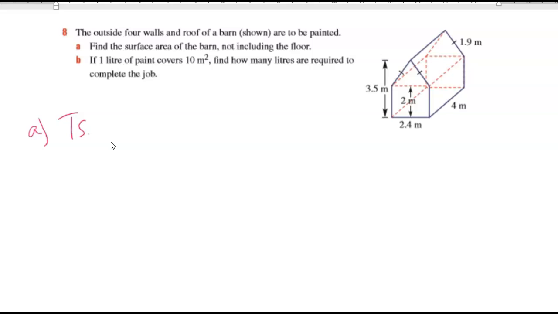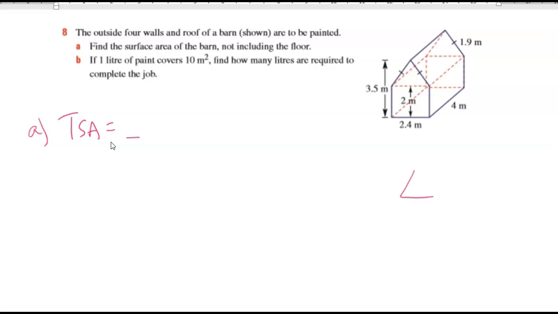So we're doing the total surface area. Again, write out how many surfaces you have. Now, the front of the barn is a rectangle. Just making sure it wasn't a square. A rectangle and a triangle. I would actually treat them separately. So we're going to have our triangles.